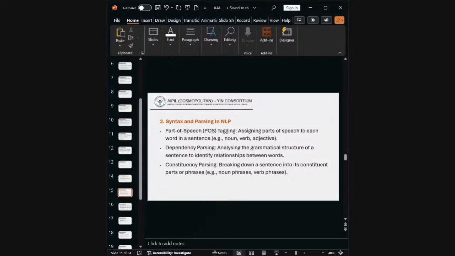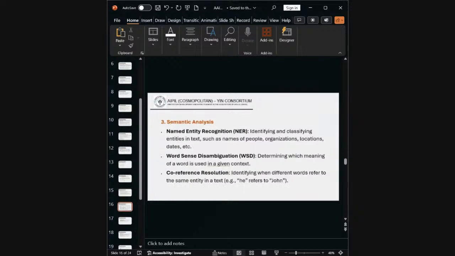Number 3, semantic analysis. The first one there is identifying and classifying entities in text. When we say entities, such as names of people, organizations, locations, dates, all these different entities, we're trying to recognize them.